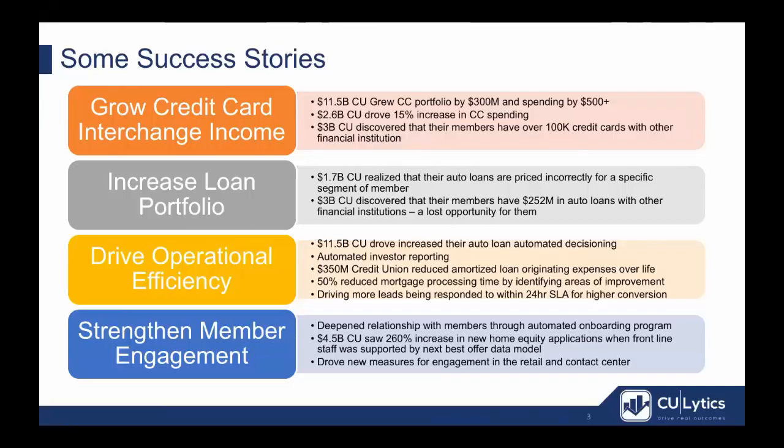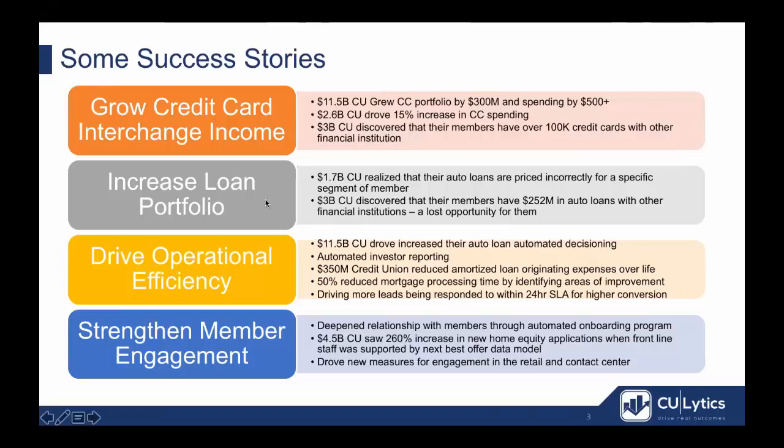They found that their members had over 100,000 credit cards that they were making payments for, but those cards were not with them, but with another financial institution. It was almost like a missed opportunity, because when those members use their bill payment services, they are considering this credit union their primary financial institution. But when it comes to getting a credit card, they were not getting it from them, but from someone else.